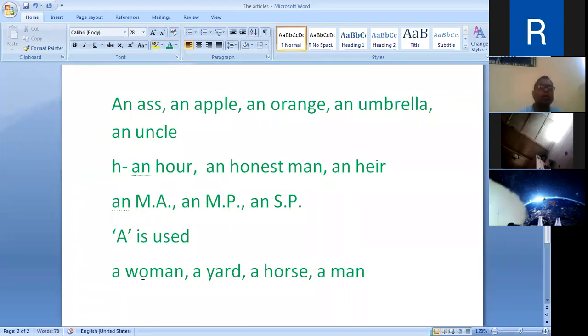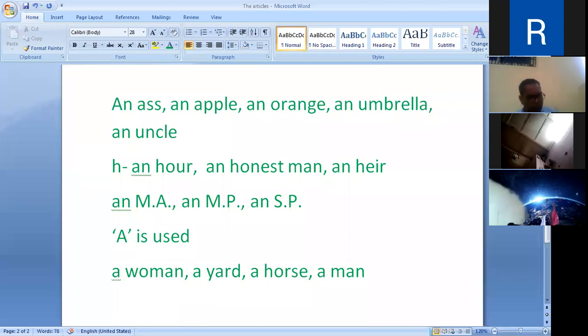These words, woman, yard, horse and man, begin with W, Y, H and M. So their initial sound is a consonant, and that's why before them a is used.